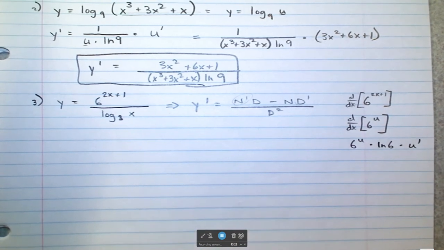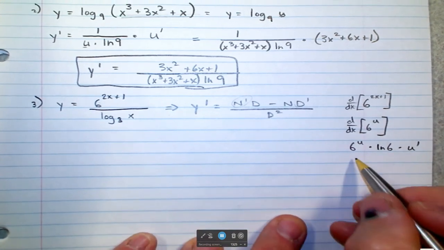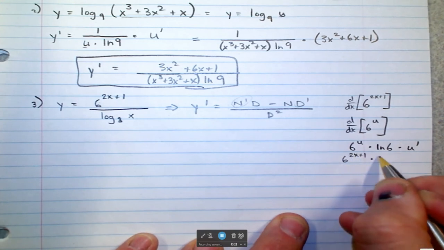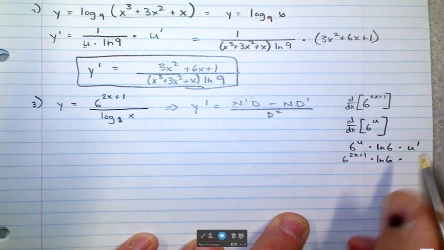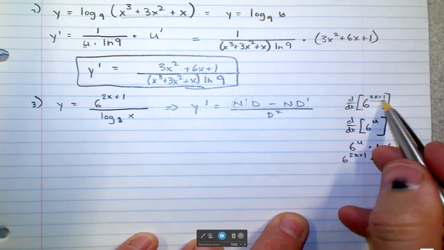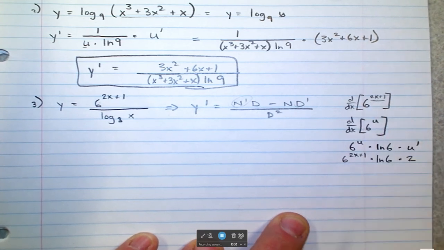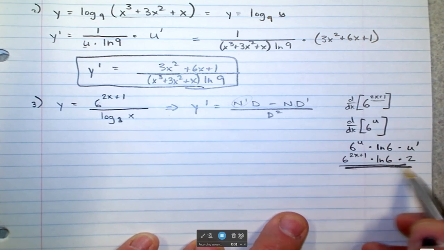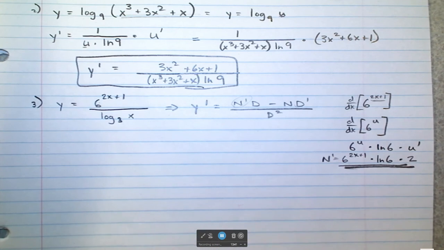So we have 6 to the 2x plus 1 times the natural log of 6 times u prime, that derivative, which is just 2. So that is n prime. All of that is n prime.